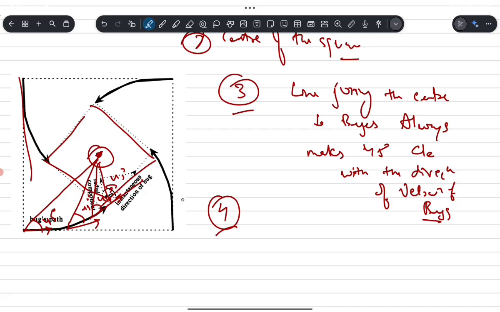Now coming to the fourth thing that you're supposed to notice. This line is very important. As the bugs are approaching the center, they're about to crash. This line is also depleting, it's getting vanished. So the moment they crash, this line will vanish. We're supposed to find how long it will take for the bugs to crash.